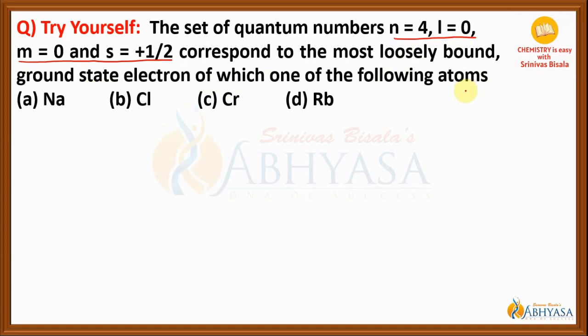So what you need to do? This particular set of quantum numbers belongs to the valence electron of which of the given 4 elements? So solve this and keep your answer in the comment box. I will check it out.